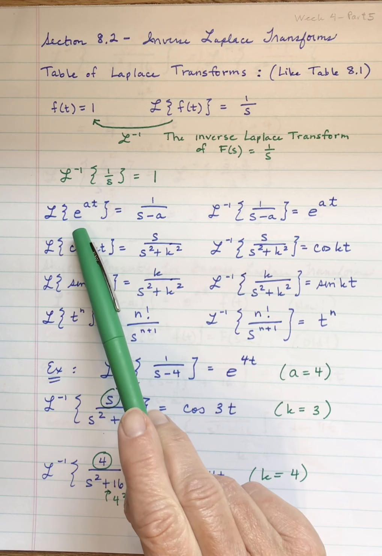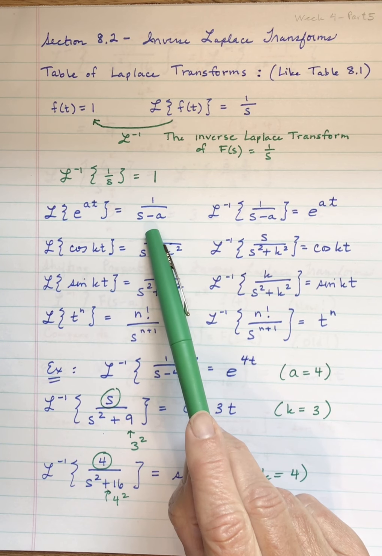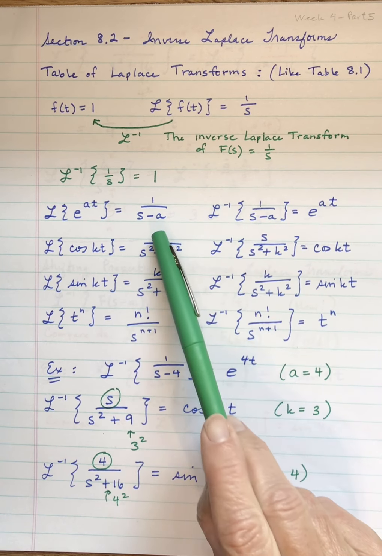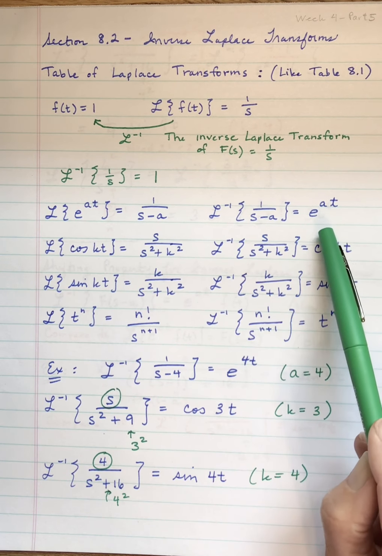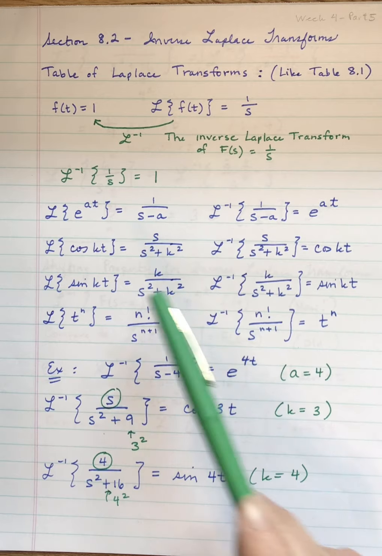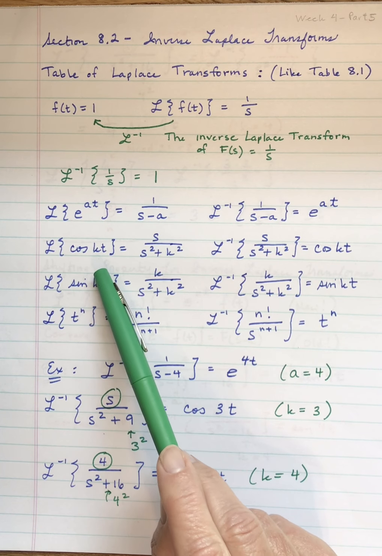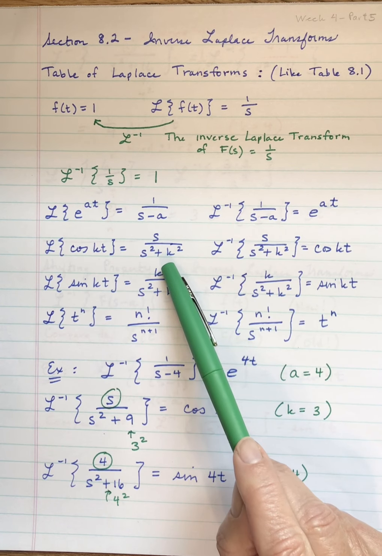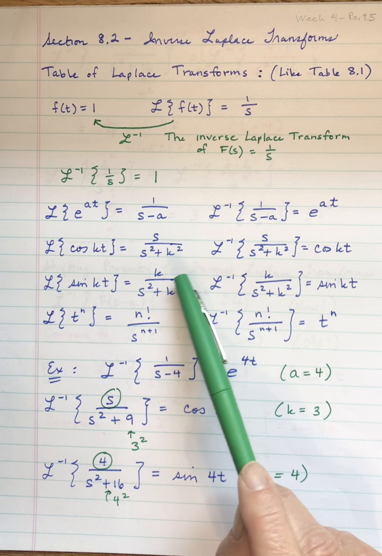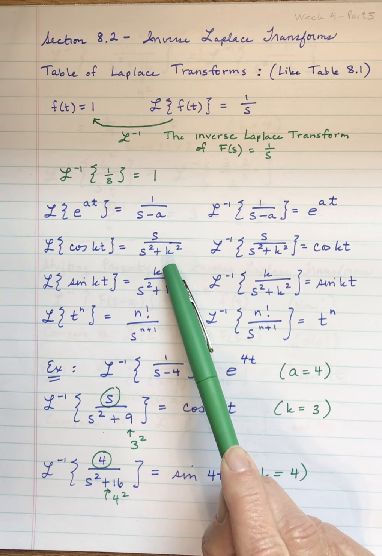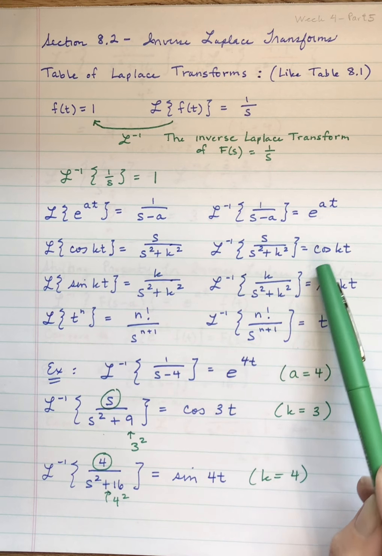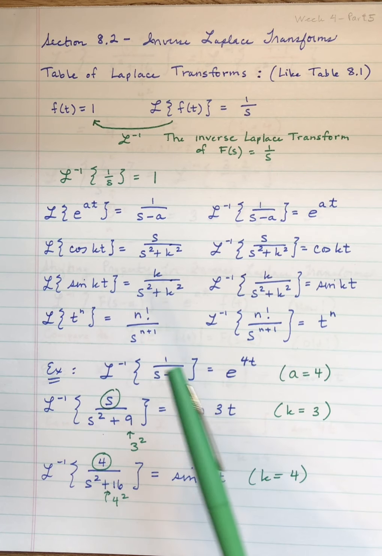That's what this says. And we could go down our whole list of Laplace transforms we've learned. The Laplace transform of e to the at is 1 over s minus a. That means the inverse Laplace transform of 1 over s minus a is e to the at. The Laplace transform of the cosine of kt is s over s squared plus k squared. That means the inverse Laplace transform of s over s squared plus k squared is cosine kt. We're just going in the other direction.